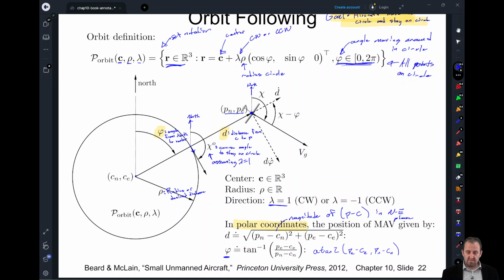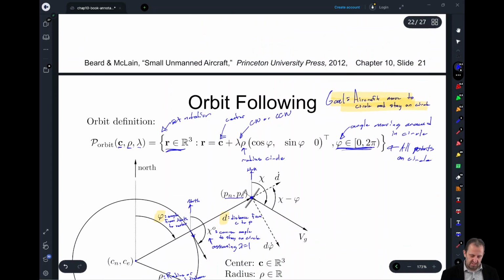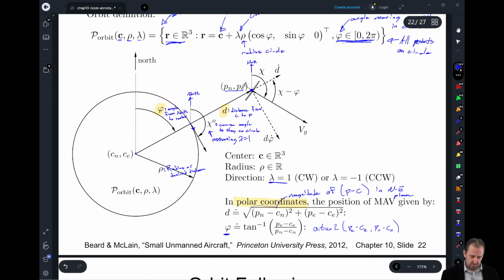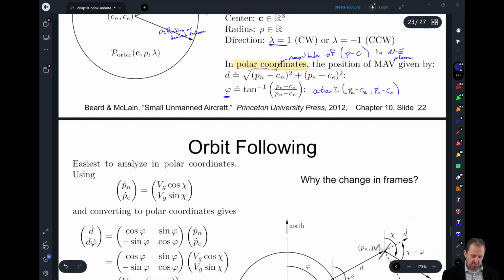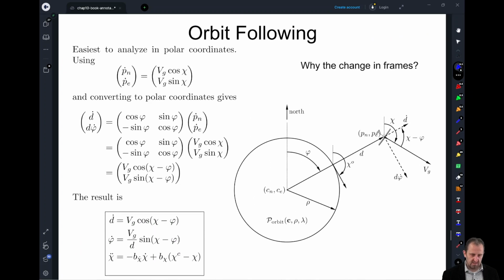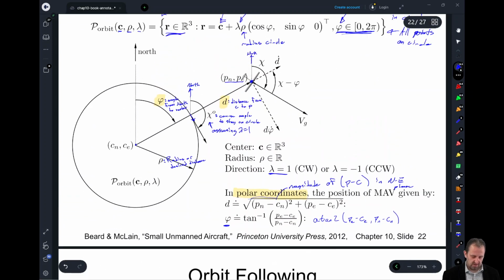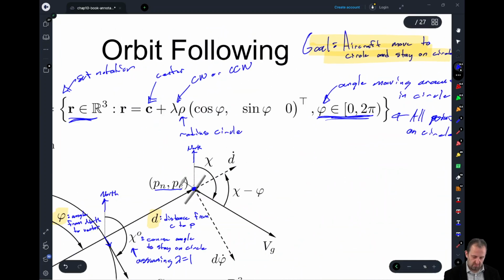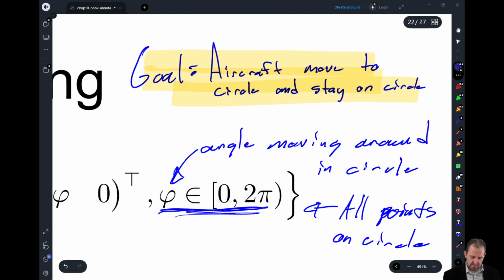So just like we defined the position of our aircraft in polar coordinates, let's define its motion also in polar coordinates, because really all we want is for d to go down to rho. If we look at this goal, aircraft move to this and stay on the circle, we could write that as d converges to rho and stays at rho.